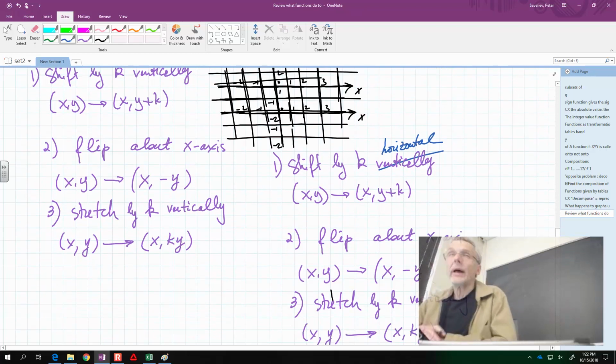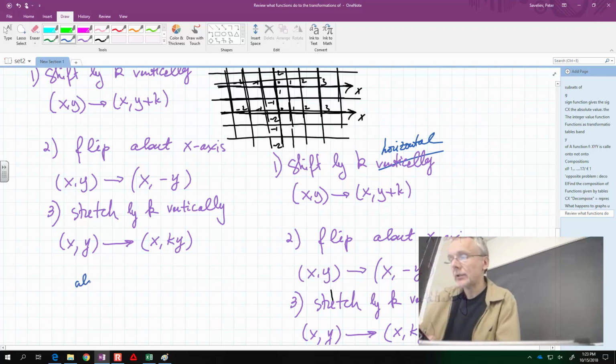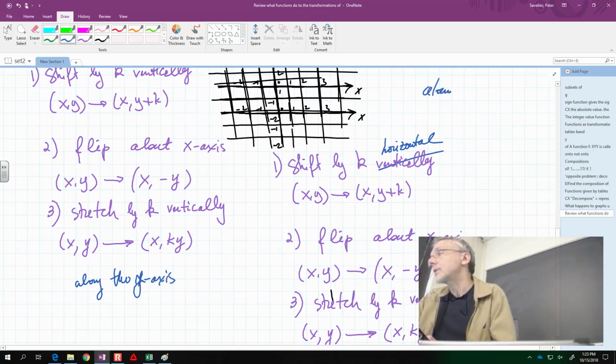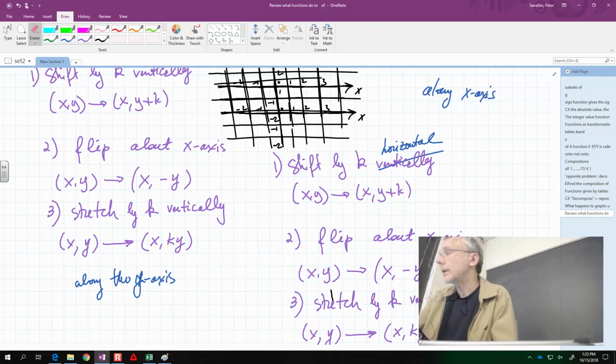X and Y are flipped in the sense that if in the first column on the left nothing was happening to X, something was happening to Y because we were doing transformation along the Y-axis. This time it's going to be along the X-axis. So it's a horizontal shift. So the formula becomes what for the horizontal shift? X plus k, comma y, right?